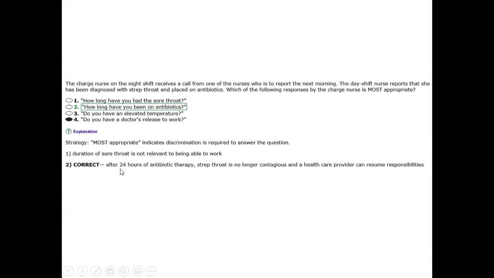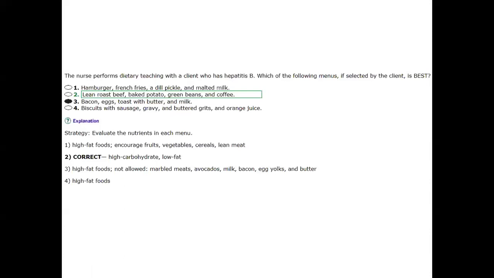Why? After 24 hours of antibiotic therapy, Staphylococcus throat infection is no longer contagious. It is not contagious to others, and the healthcare provider can start their responsibilities. They can start their work.